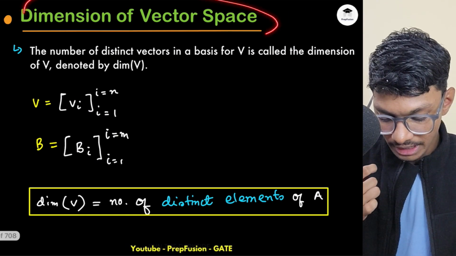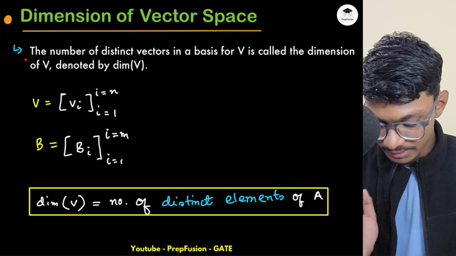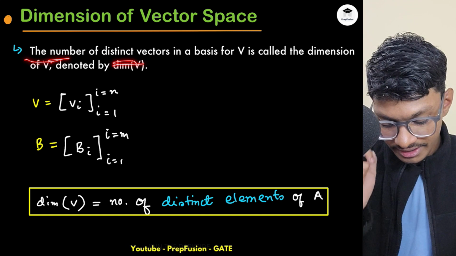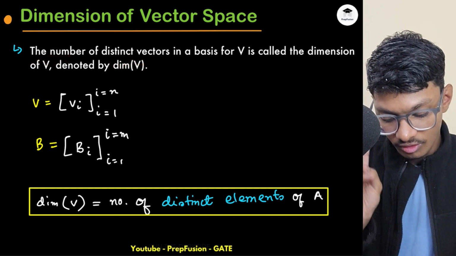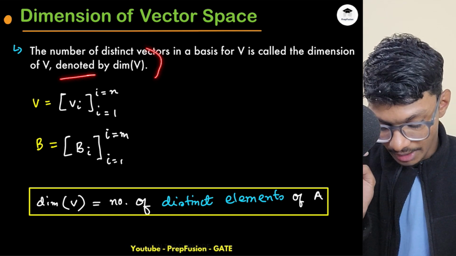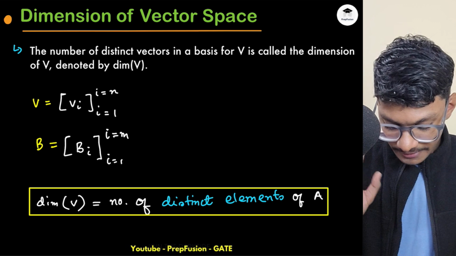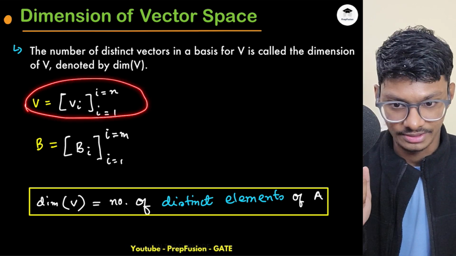Now let's come to the dimension of a vector space. What is the dimension of the vector space? It is basically the number of distinct vectors in a basis for V, called the dimension of V, denoted by dim V. What does this mean? Let's say V is a vector space.